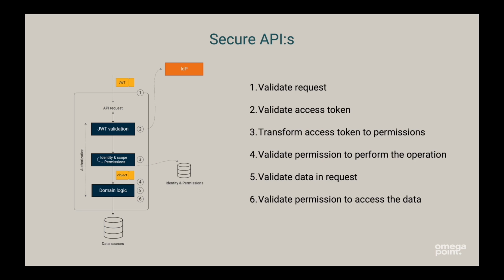So now that we know that the data in the request is correct, there is one validation step left. Yes, the final step, step 6. We need to validate permission to access the actual data.